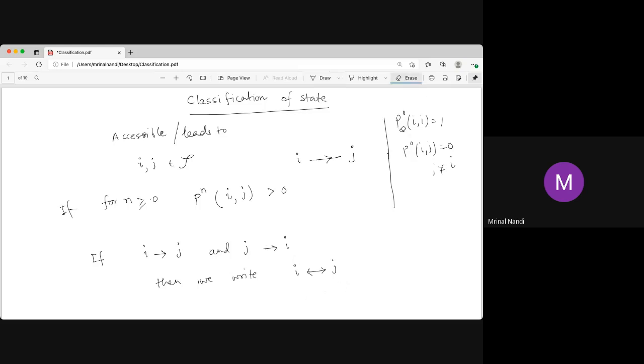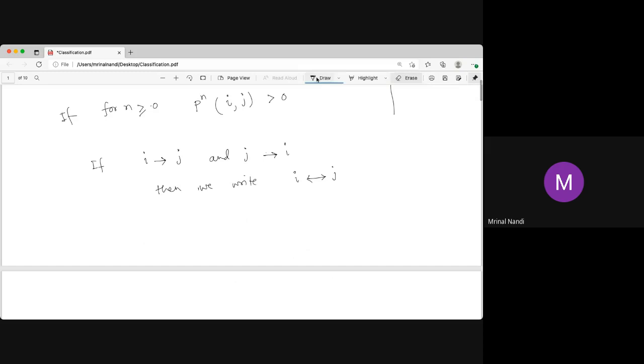Now we can easily check that this is an equivalence relation, right? If i leads to j and j leads to i, obviously i leads to i, because with n equal to 0 it is a positive probability, actually just 1.